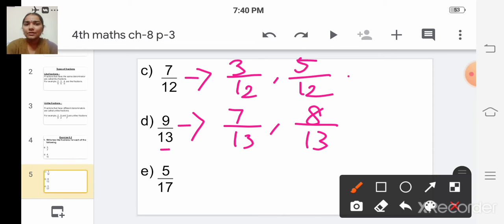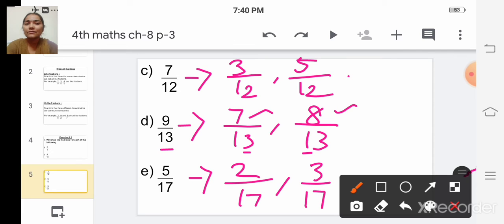Yes, denominator should be same, so we can change the numerators only. For the next one, 5 by 17, we can write 2 by 17 and 3 by 17. Yes, so these are the like fractions for the given fraction.